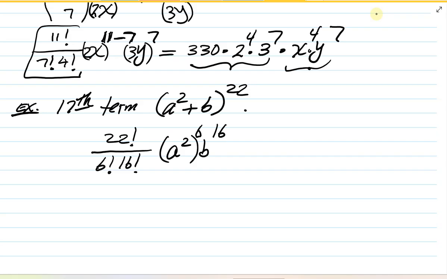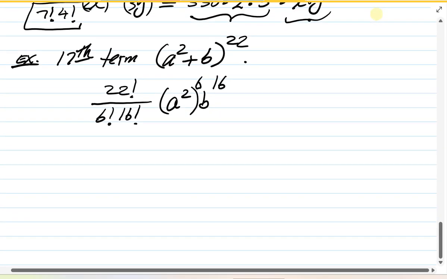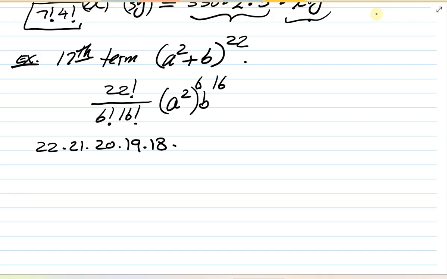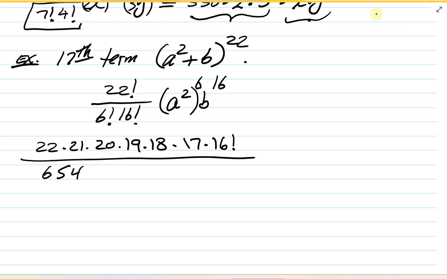And of course, for these, again, we have to simplify them, right? So it's 22, 21, 20. Look on your calculator and make sure you have the button I mentioned, the nCr button. 6, 5, 4, 3, 2, 1, that's 6 factorial times 16 factorial.